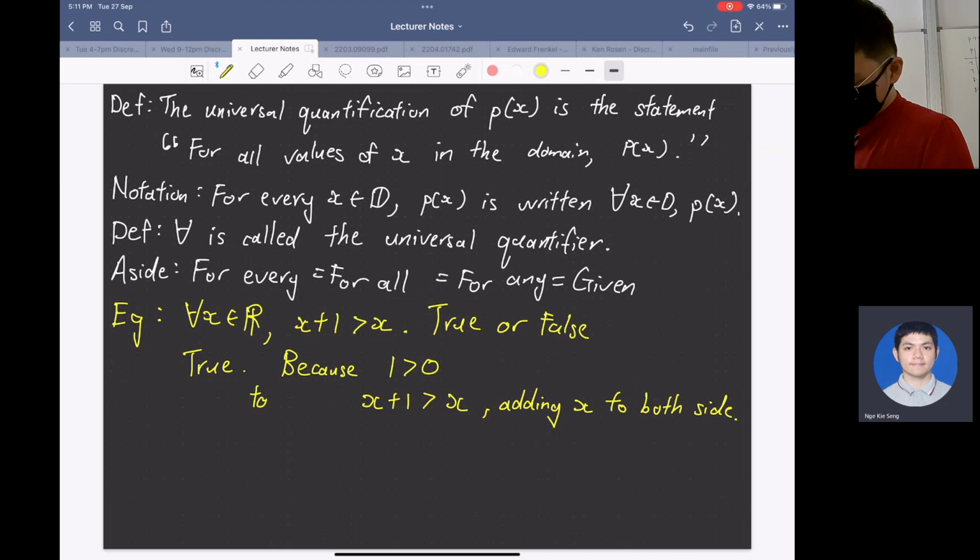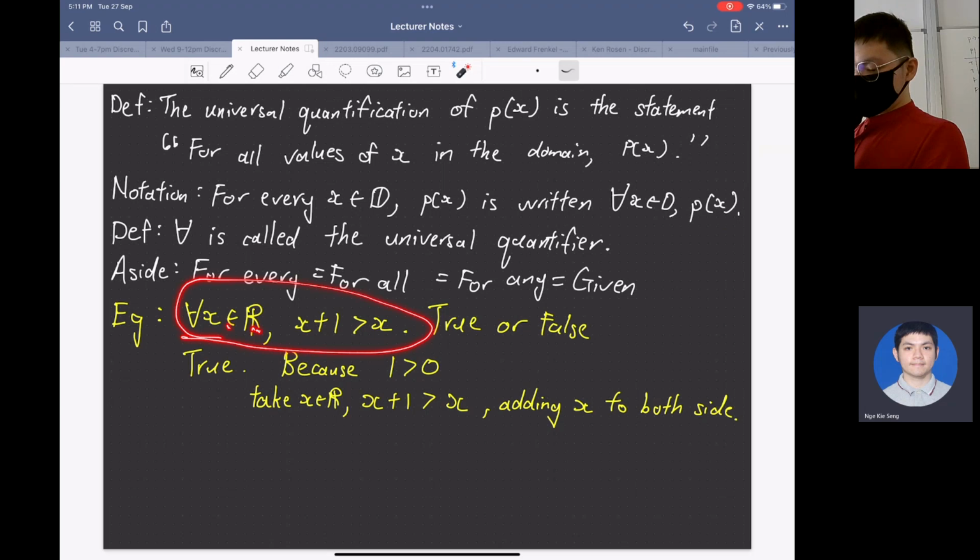So this one has to work for all x. That means I need to pick any x here. There's a key here, I want you to notice. Here, for every x in R, x plus 1 is greater than x. Here, I said take x in R, x plus 1 greater than x.